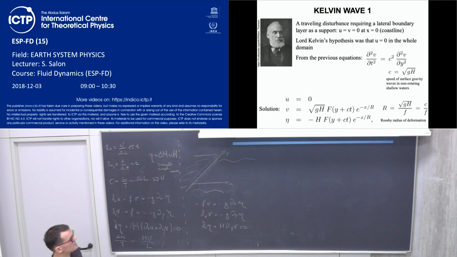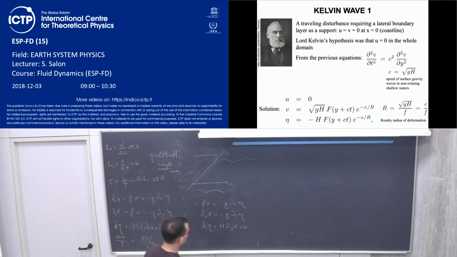So actually our system is degraded to a system with still three differential equations, but just two unknowns, okay? The two unknowns are v and eta, because u is equal to 0.